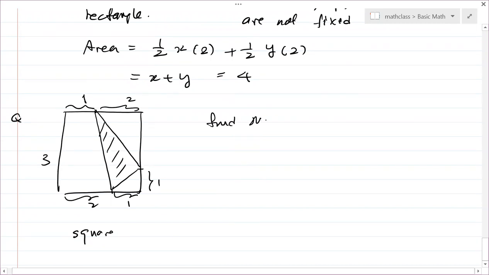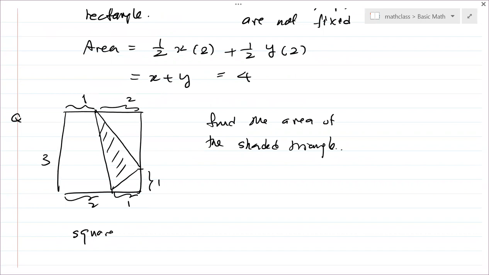Find the area of the shaded triangle. Hello?